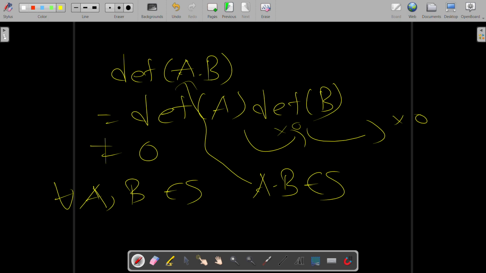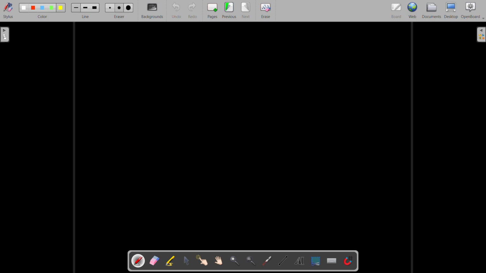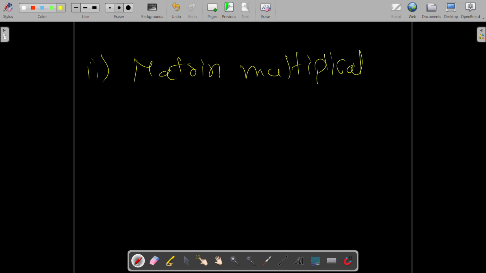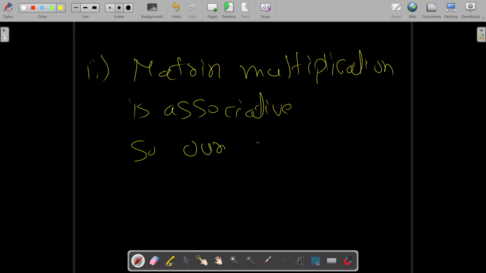Now, the second thing: we know matrix multiplication is associative, so we need not show this in detail now.